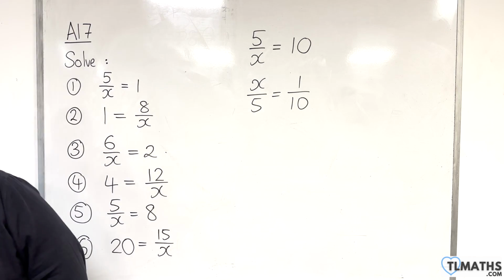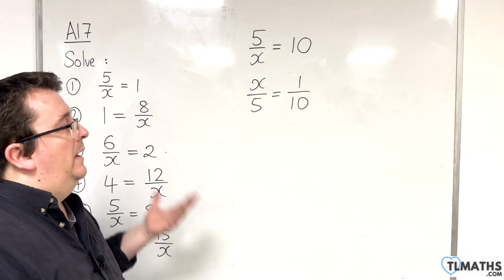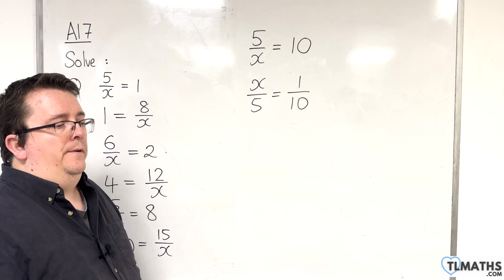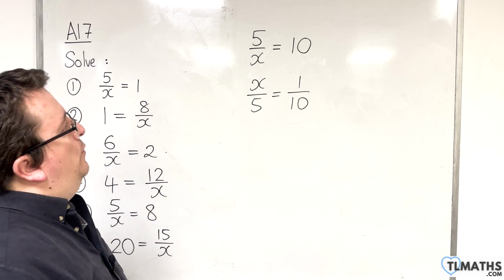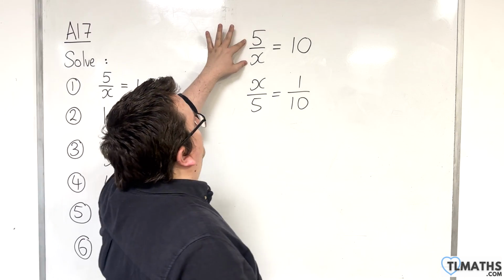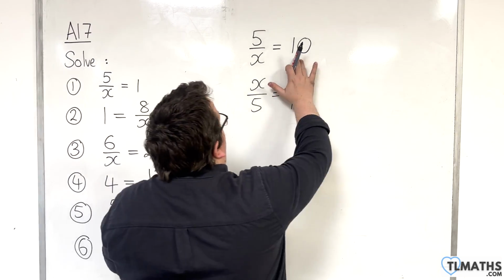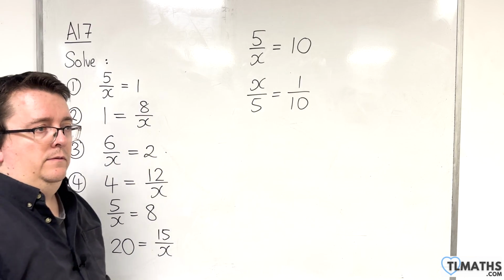These two lines have to be equivalent. I've shown algebraically that they are equivalent. So, 5 over x has become x over 5. 10 has become 1 over 10.